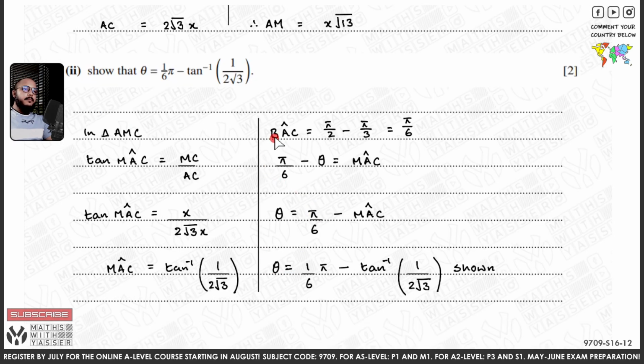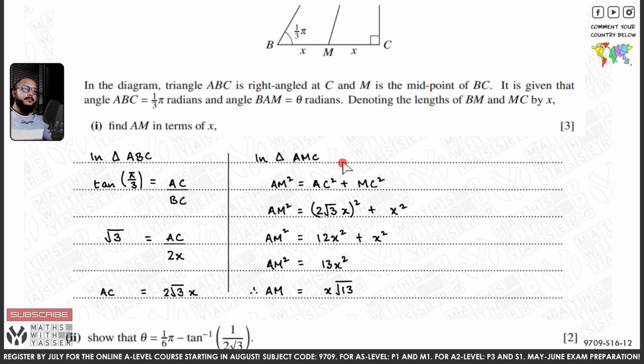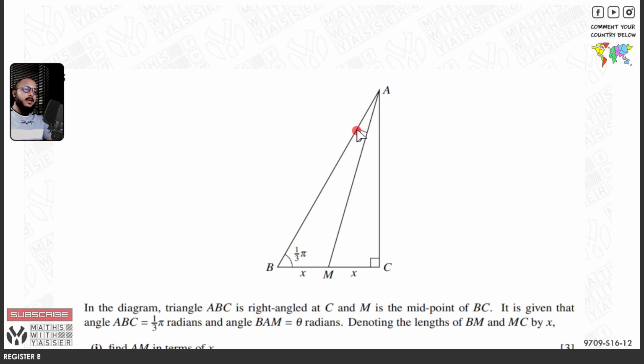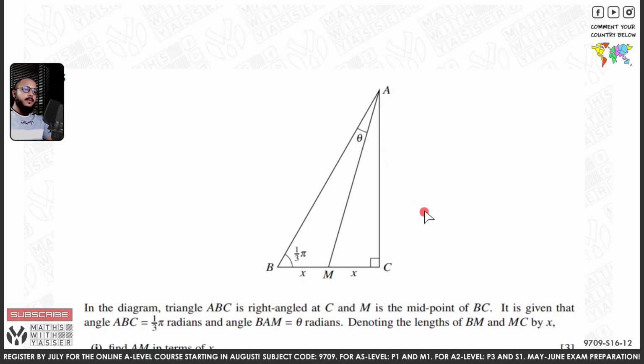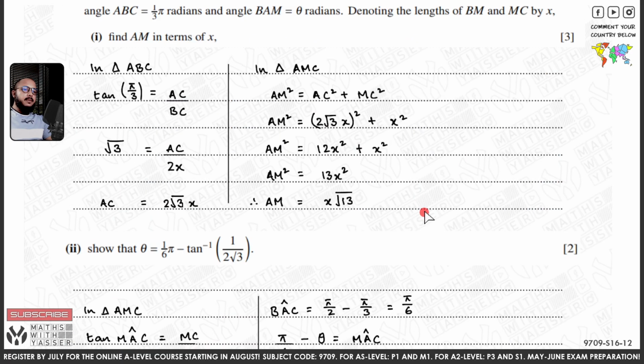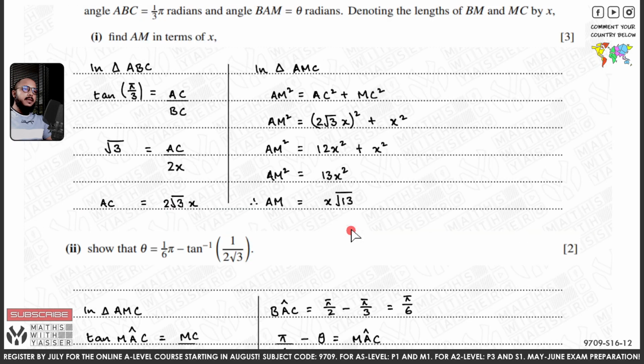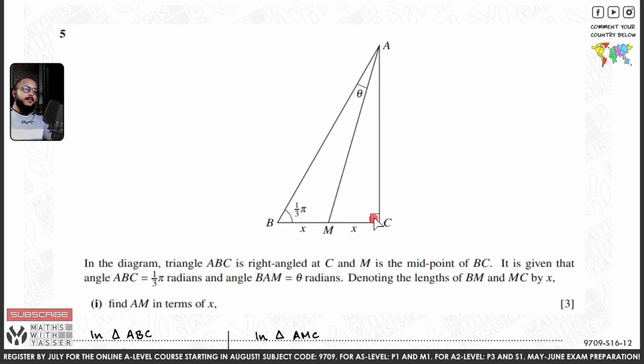And angle BAC, the whole thing, BAC must be pi by 2 minus pi by 3. So what happened here is, if this is 90, think of the whole triangle.